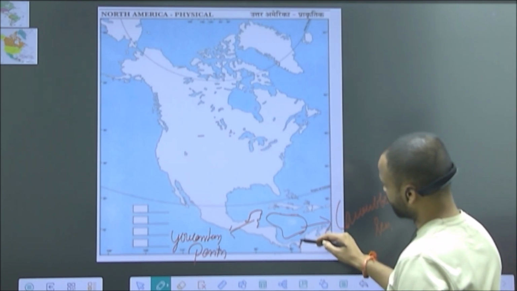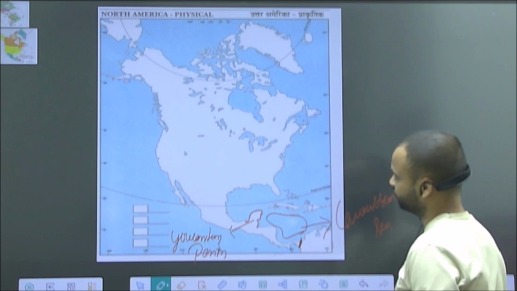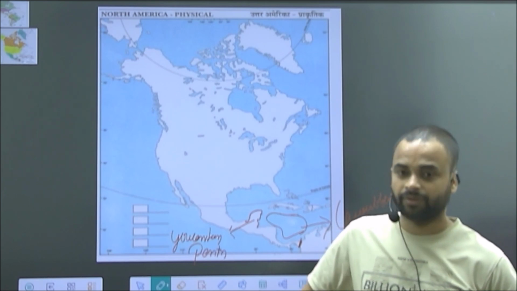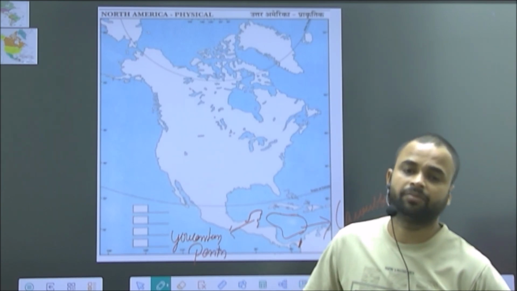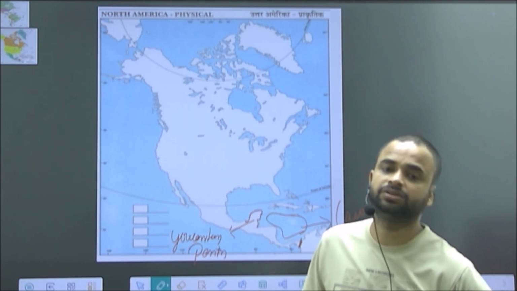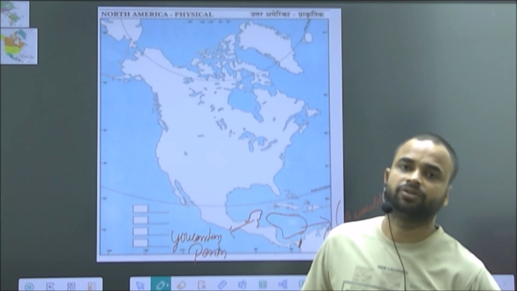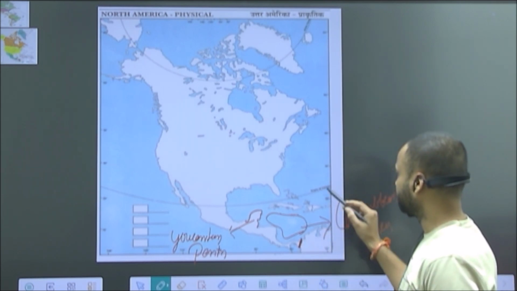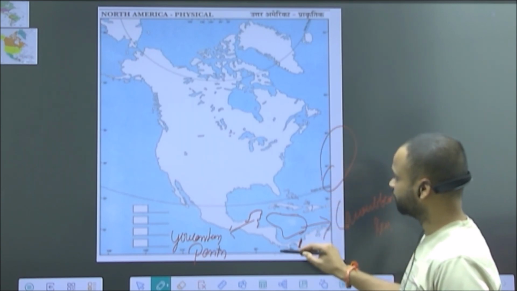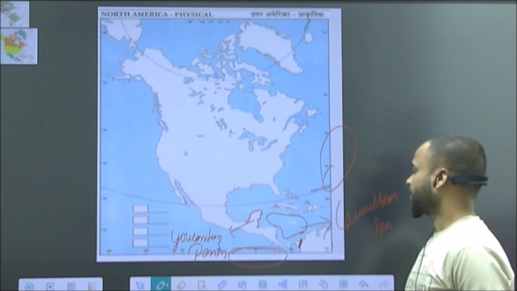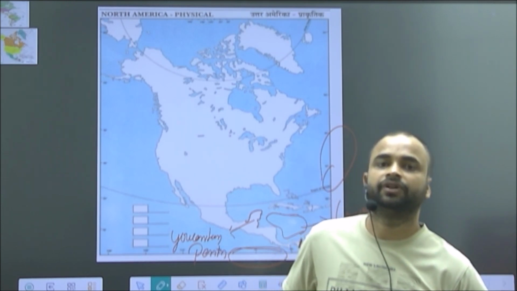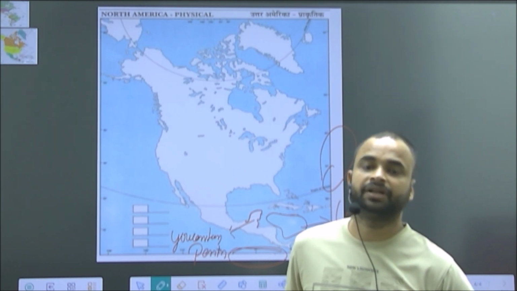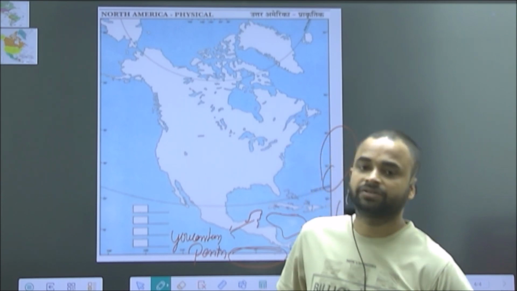Here one man-made canal is situated, which is known as Panama Canal, and after it was made it reduced the distance between Atlantic Ocean and Pacific Ocean, because ships can pass through from Atlantic to Pacific. Before it, ships were covering the whole South American coastal region, but after it was made ships can pass through from here.